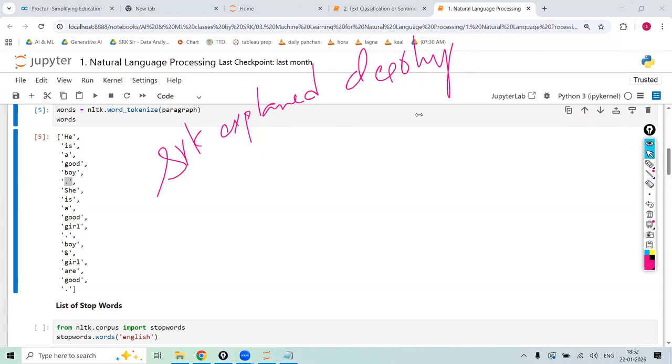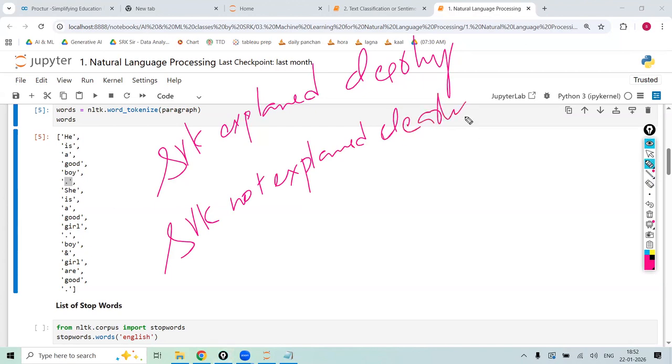Now, "SRK not explained clearly." Positive or negative now? This is positive and this is negative. So how have we identified this as negative? By the word "not."